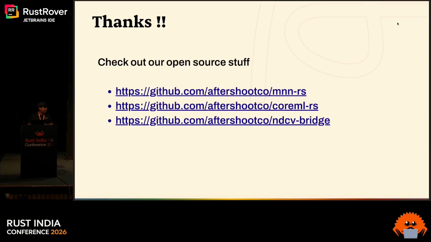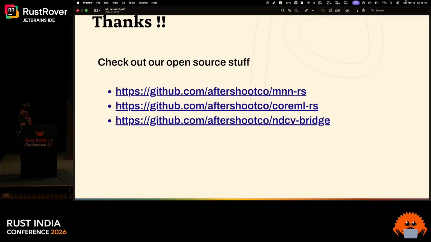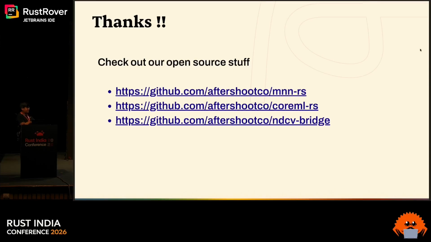So for us, safety as a standard works on a layer directly coupling the bindings to the APIs. When we built MNNRS and CoreMLRS, we built a sys layer, or systems layer, which directly creates bindings on top of the frameworks and APIs that we want. MNN is a framework for machine learning, and CoreML is a similar one.